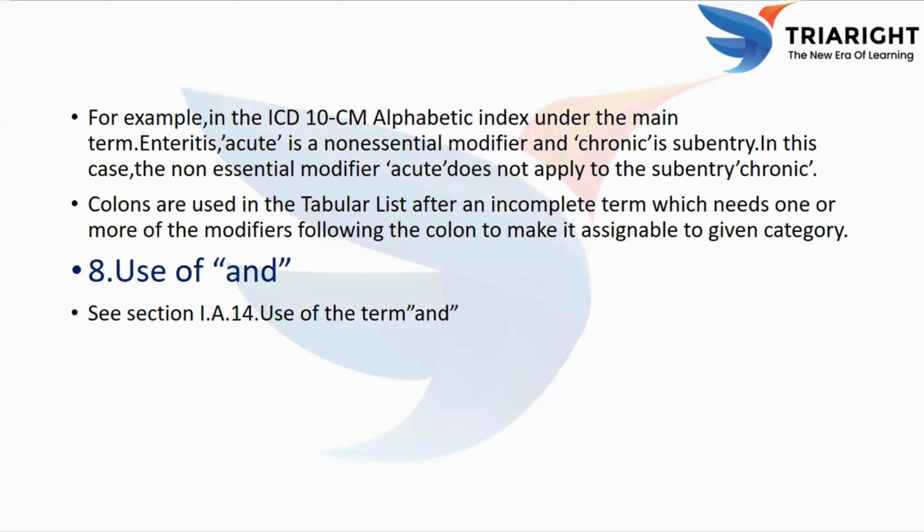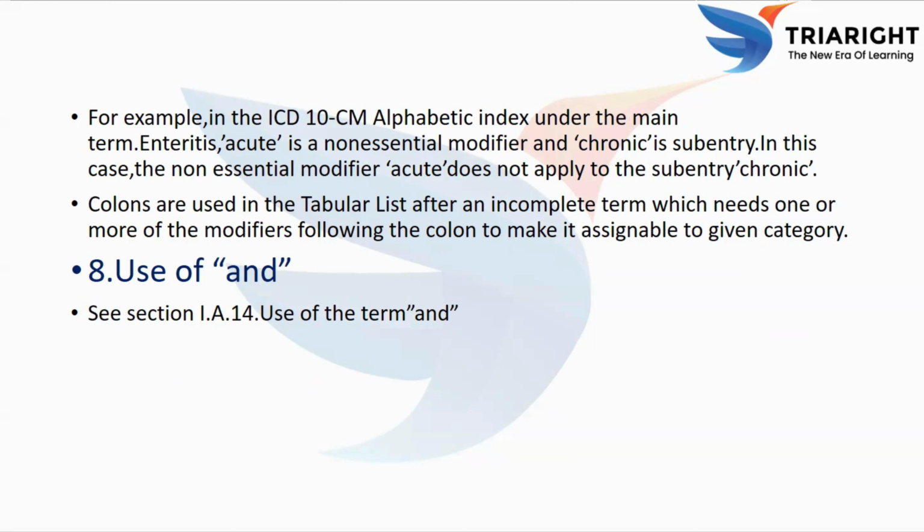For example, A54.0 is for gonococcal infection of lower genitourinary tract. This colon shows the description is incomplete until some modifiers are added. So whenever there is a colon, it always gives incomplete information. You have to use an addition to the description so that the code description will be complete.